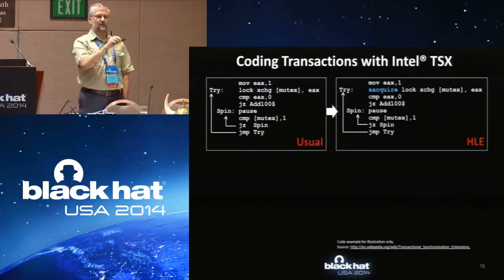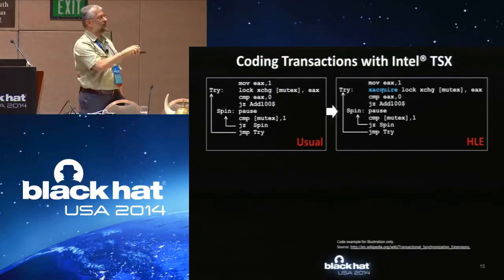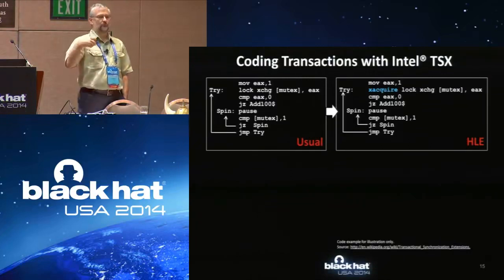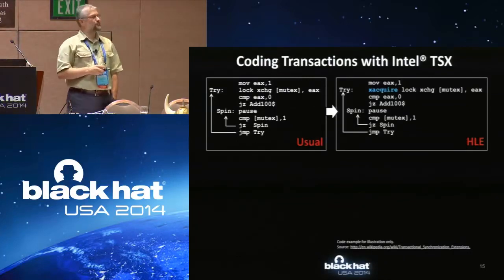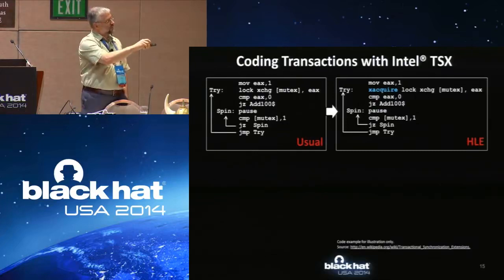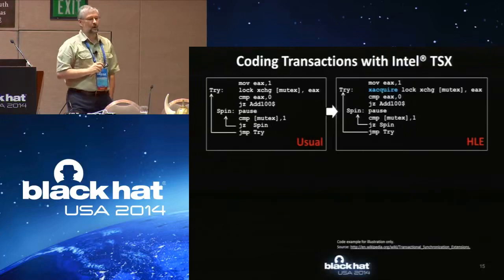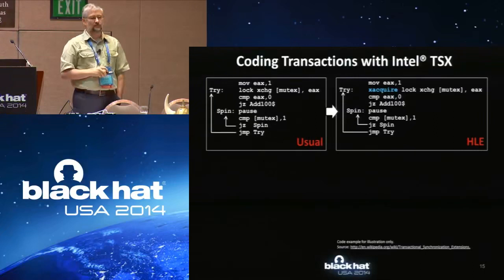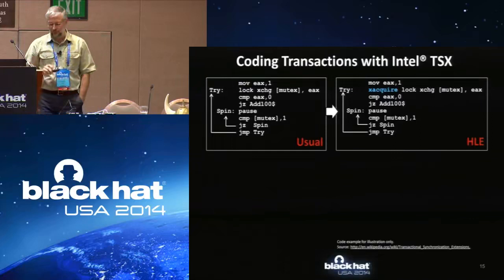But if somebody else writes to the same memory that your transaction, which starts with this XACQUIRE and goes all the way until you use XRELEASE, touches, the CPU would come back to that point and do the same thing again, but only without that transactional mode. So essentially, it reverts to the previous behavior after trying once. In many cases, that actually produces a hell of a performance improvement.